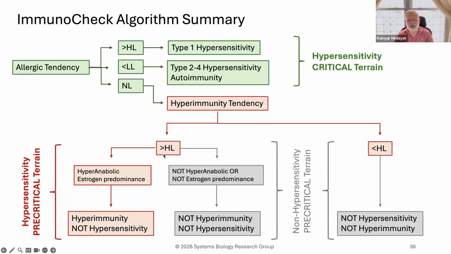If it is high, again, if you don't have a hyperanabolic predominance and a hyperestrogenic predominance, then it's still not likely to be hyperimmunity or hypersensitivity. It's only in this last case that we consider it a hyperimmune precritical terrain, but they're not technically in the critical terrain of hypersensitivity.